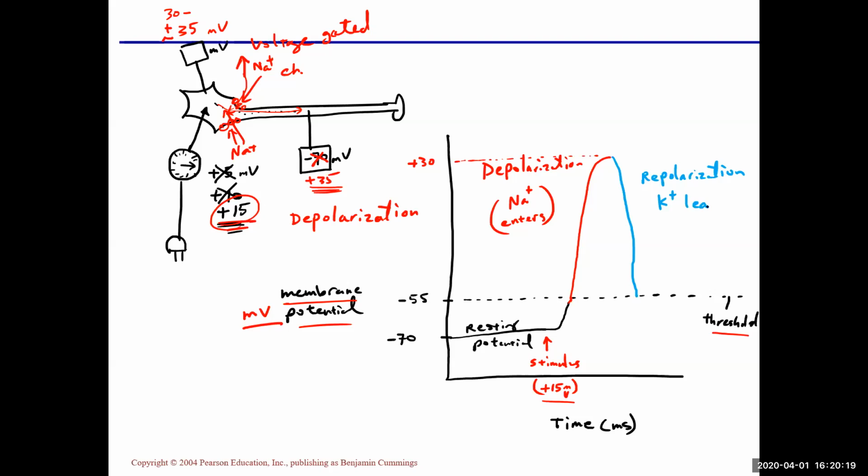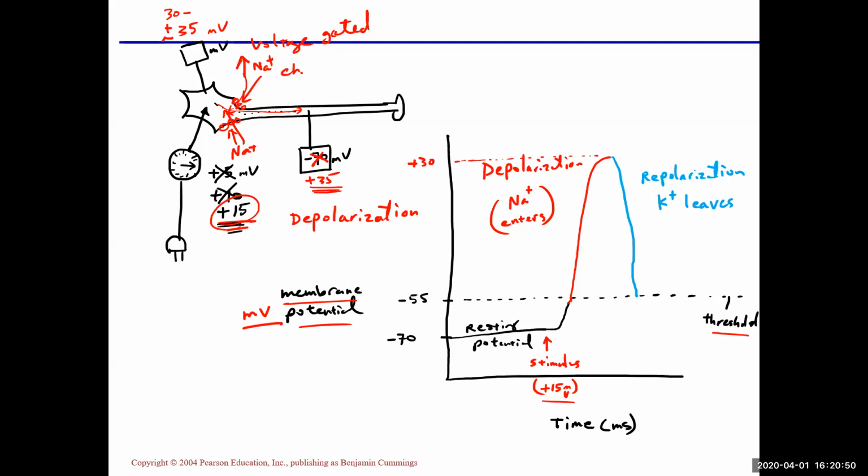Sometimes this is known as efflux, exit, versus influx. So potassium leaves, and up to where? Up to the negative 55, because when the potassium, a positive ion, is leaving, they're going back towards their negativity, the resting potential.